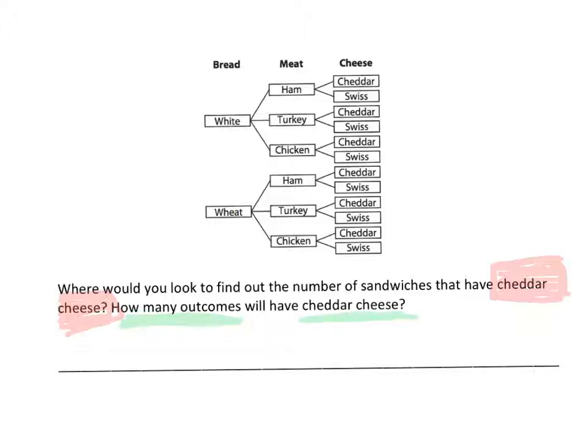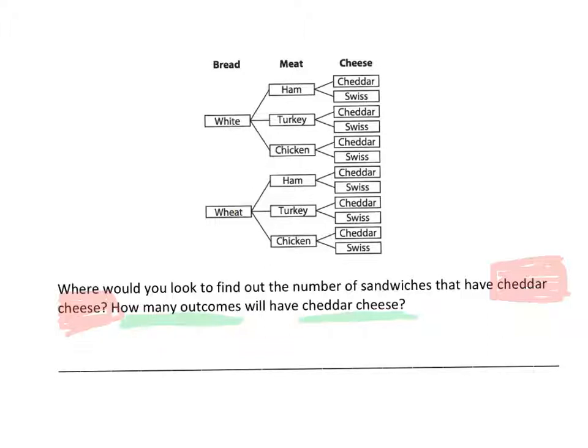And to count that up, all you're going to do is look under the cheese column, and count how many times you see the word cheddar. So I'm going over here to this last column. I'm going to check mark, highlight, circle, or count how many times you see cheddar.